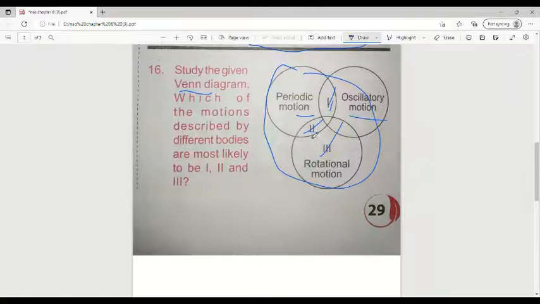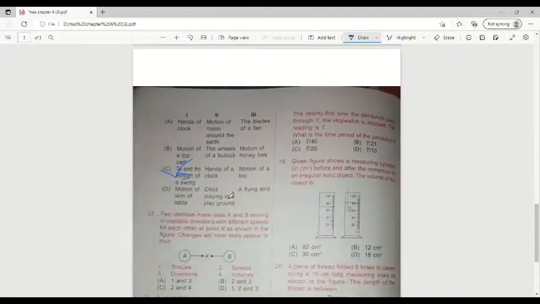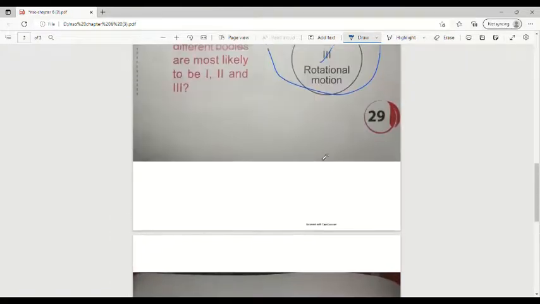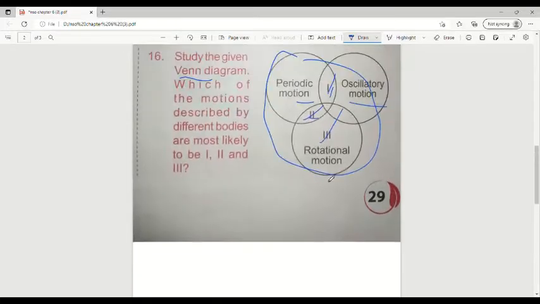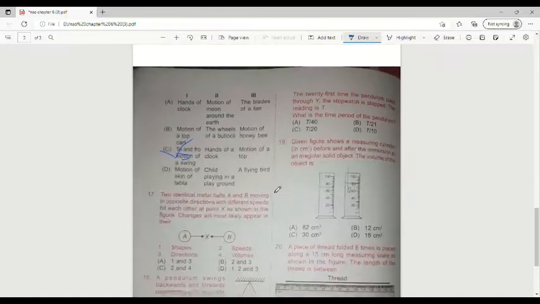So that's why the second is correct for the hands of a clock. Also, the spinning of a top, or the motion of a top, is rotational motion because it rotates around a specific axis, like this is the top and it will rotate around this axis only. So that's why option C is correct for your question number 16.